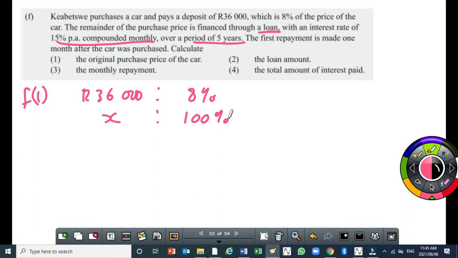You follow what I'm doing there? So, do you agree that if I want to calculate X, it has to be the largest of these two values here, which is 100 over 8 times 36,000. I'm using proportion.